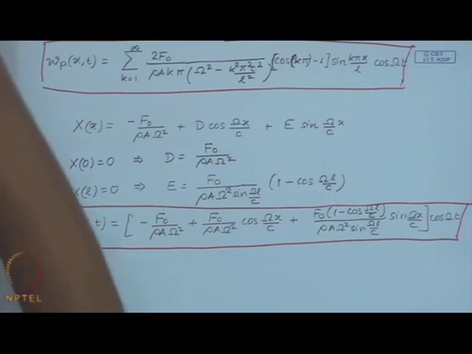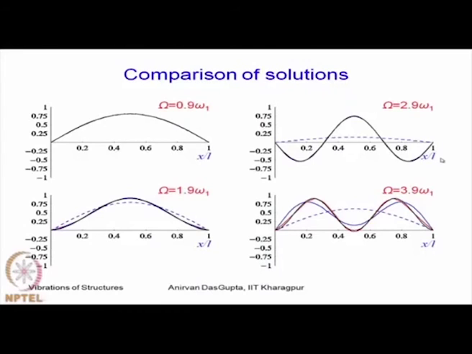Now, in this slide I have compared these solutions, the exact solution, the closed form solution with the series solution taking up to 3 terms. I have taken the forcing frequency very close to the first natural frequency of the string.